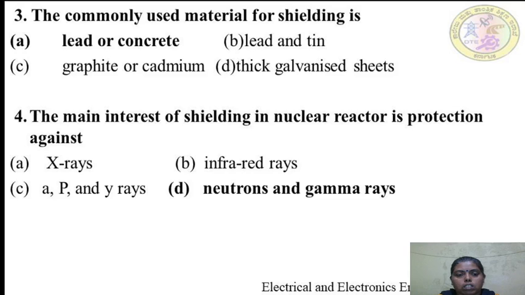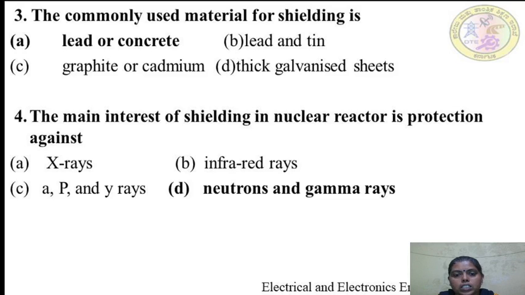Fourth, the main interest of shielding in a nuclear reactor is protection against: A. X-rays, B. infrared rays, C. alpha, beta and gamma rays, D. neutrons and gamma rays.